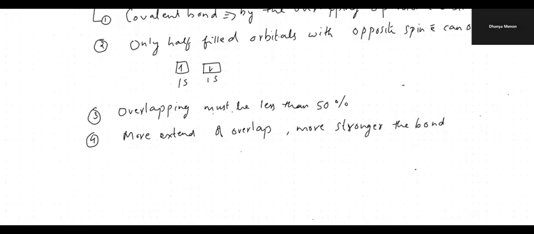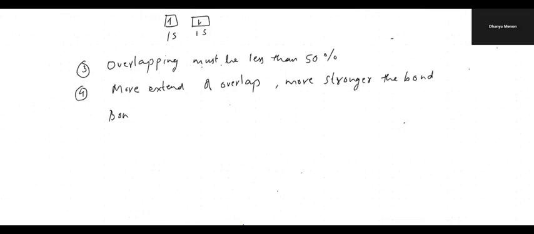If the bond strength is more, it is directly proportional to bond energy.